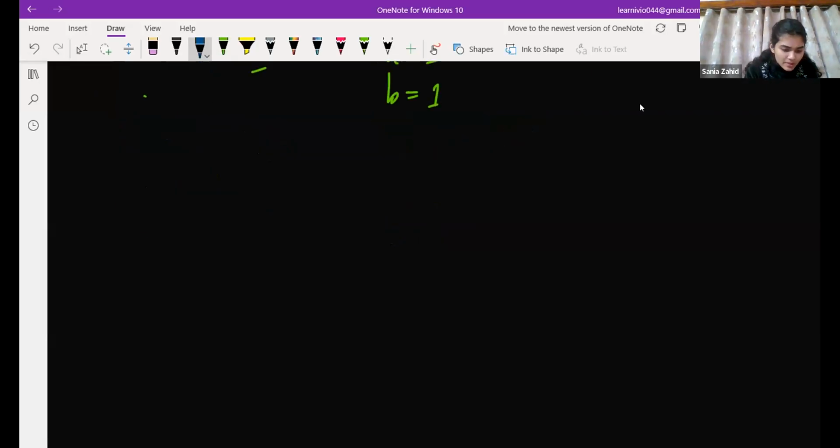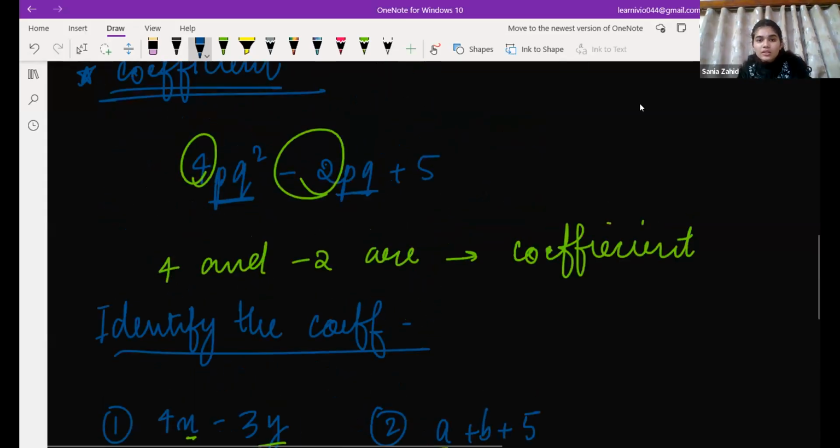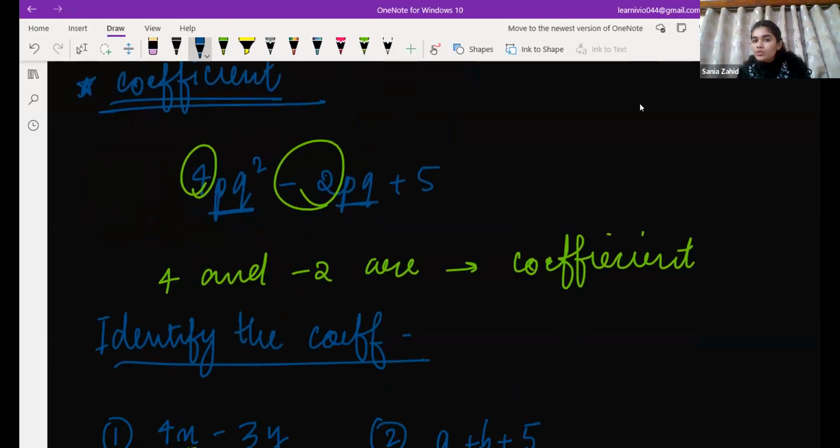Now next thing we have is, I will write some expressions. Okay, now you need to understand one more thing, what is the meaning of constant terms and variable terms. For example, you have this equation 4pq square minus 2pq plus 5.